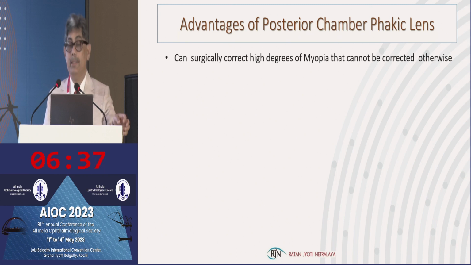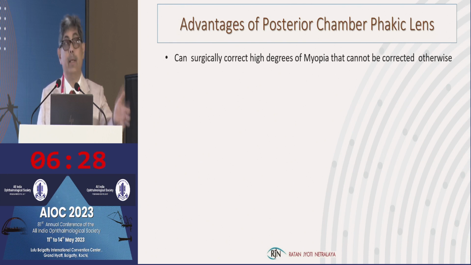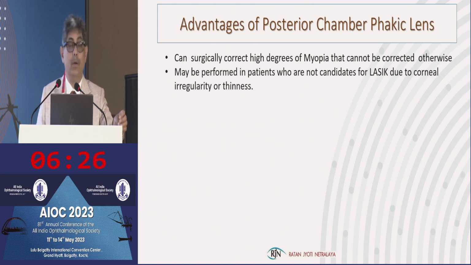The advantage of the posterior chamber phakic lens is that it can surgically correct high degrees of myopia that cannot be corrected otherwise. We can correct up to 18, 20 or even more.